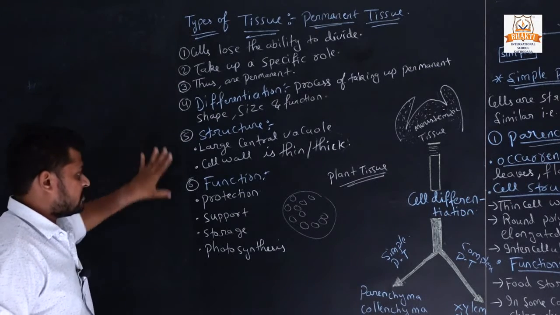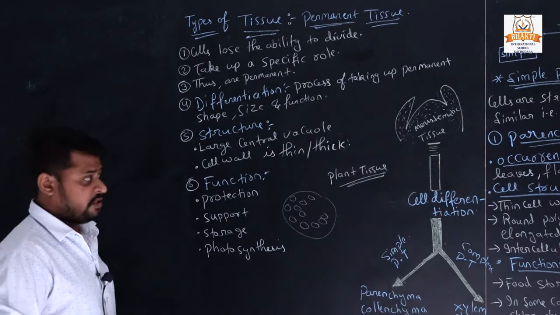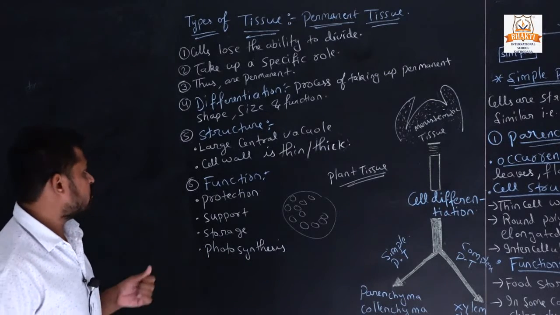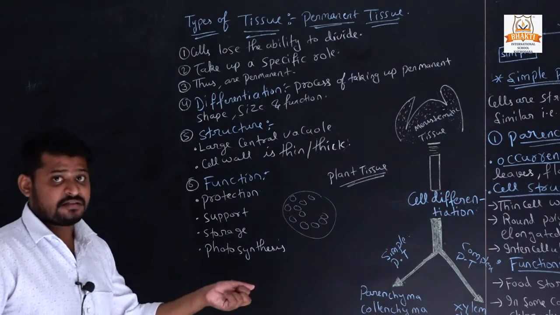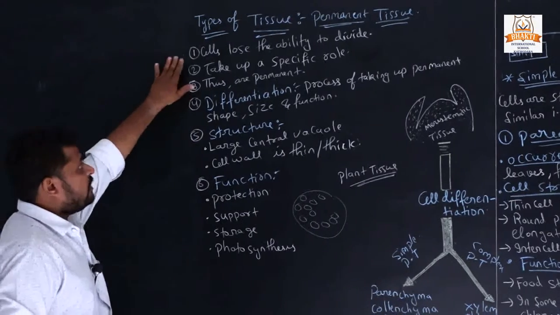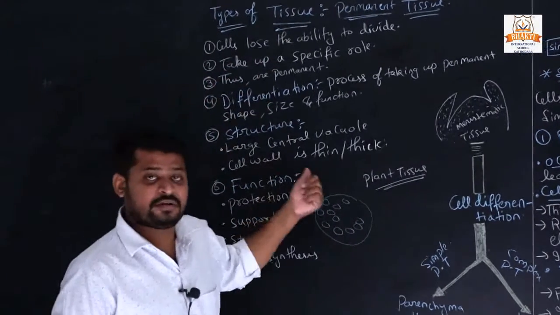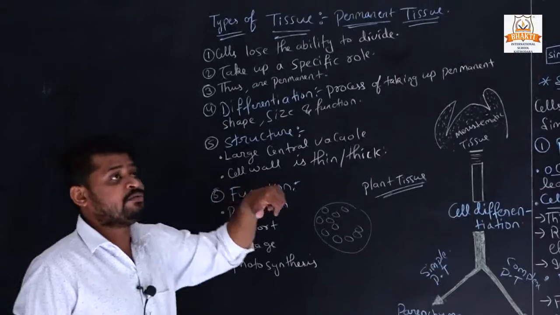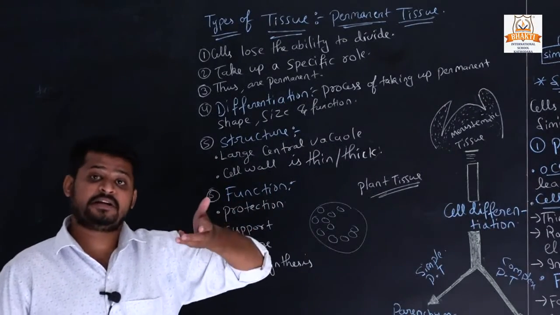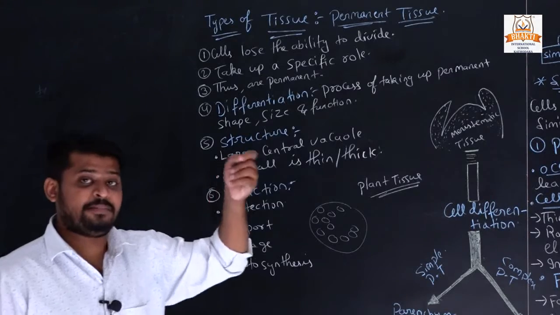These are 6 points in which we will see the functions, the structure, the differentiation and the properties of permanent tissue. First, cells lose the ability to divide. Permanent tissue is made up of permanent cells, and permanent cells lose their ability to divide.